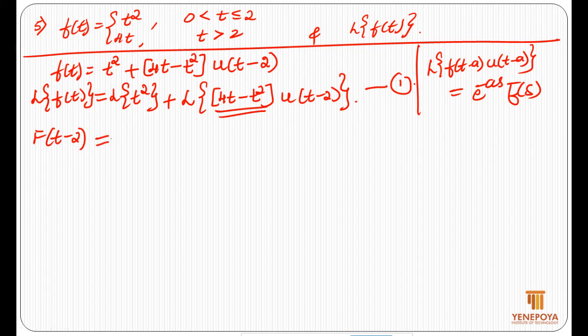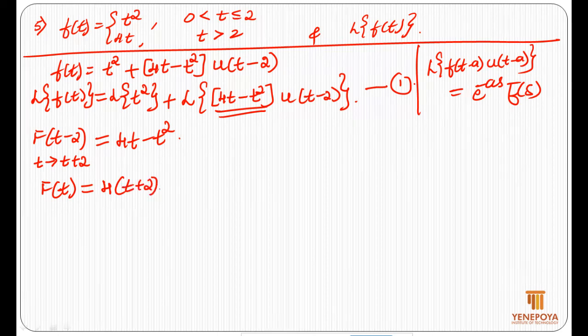So this is equal to 4t minus t square. Now replacing t by t plus 2, we will get f of t. That is, 4 times t plus 2 minus t plus 2 the whole square. Further, 4t plus 4 into 2 is 8, minus a plus b the whole square, which is a square plus b square.